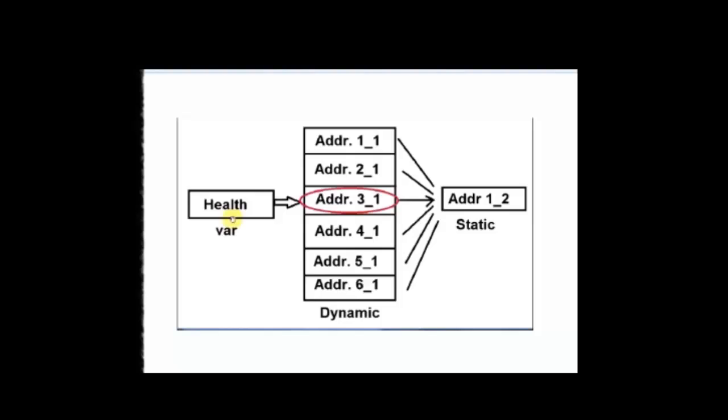If you look on the far right, it says address 1/2, which is a static address. That is our base address. That never changes. Somewhere in memory is one address that's always that particular value. And what it does is generate some type of map where you see the address 1-1, 2-1, 3-1, and so on.